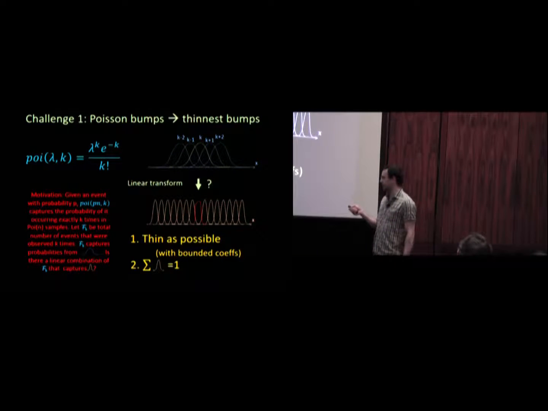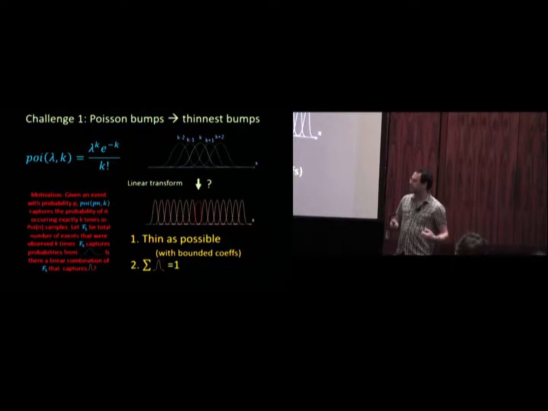If we can emulate getting bumps that are b times thinner, this will essentially emulate having taken b times more samples from our pool. So if we can take a sample from a pool and, with this mathematical trick, effectively amplify it by a factor of b, then we've gotten a huge amount of stuff for free. And the question is, can we do this in general? What are the limits of this?